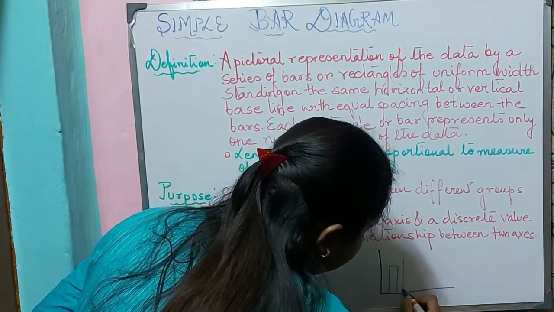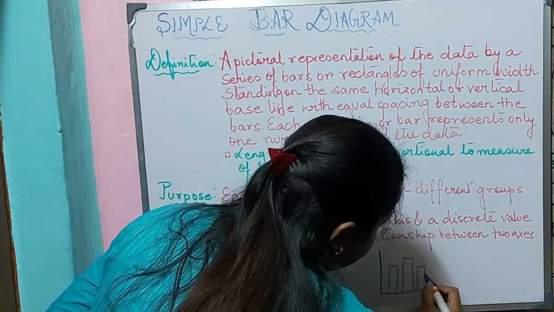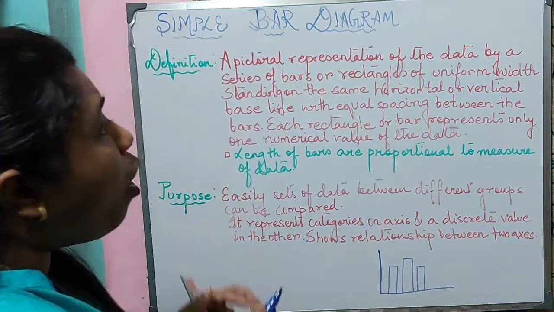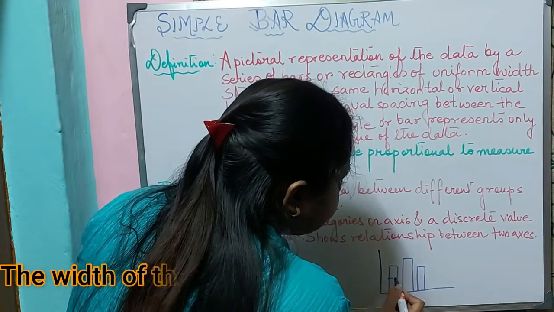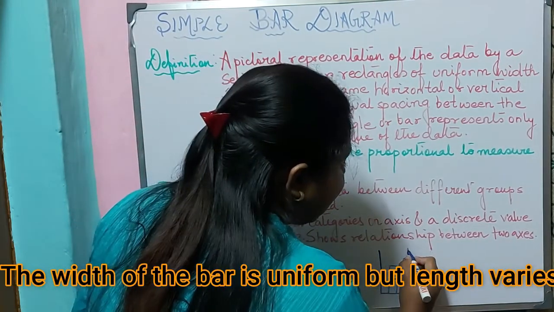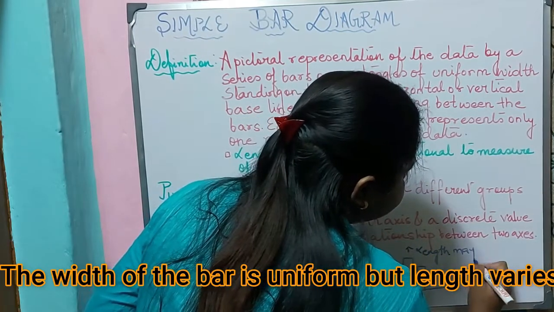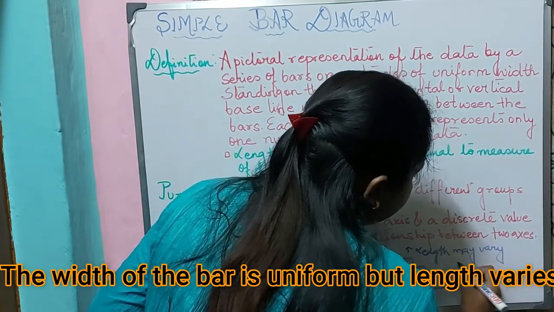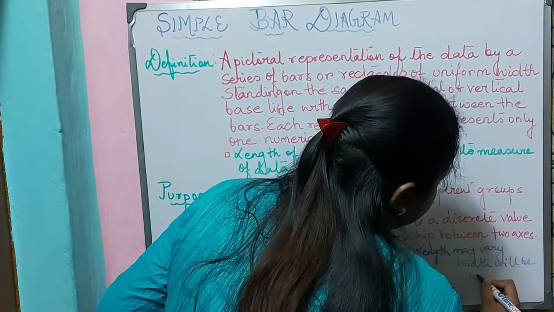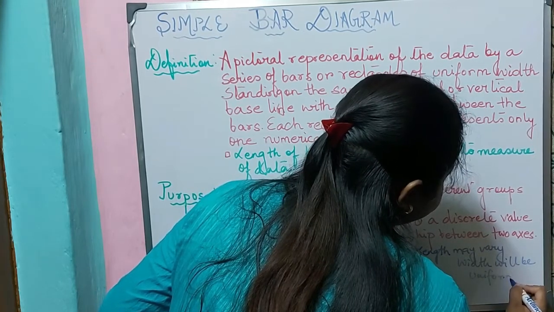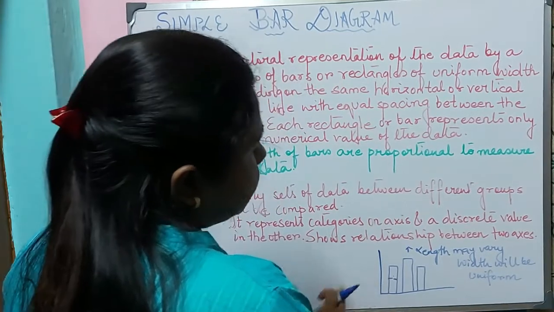So this is referred as the bar diagram, where rectangles, or bars, are drawn. The width of the bars is uniform, but the length may vary. This is referred as a horizontal line and this is referred as a vertical line.